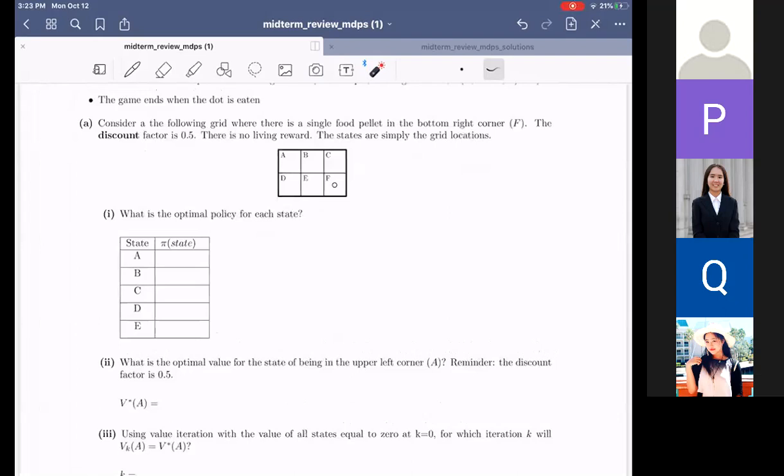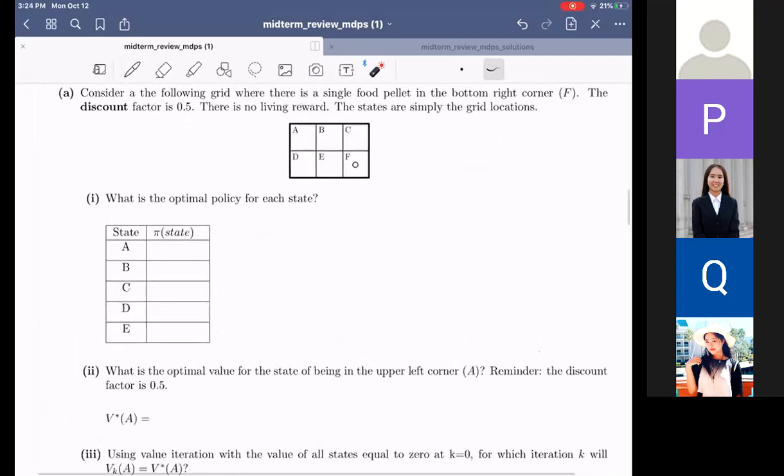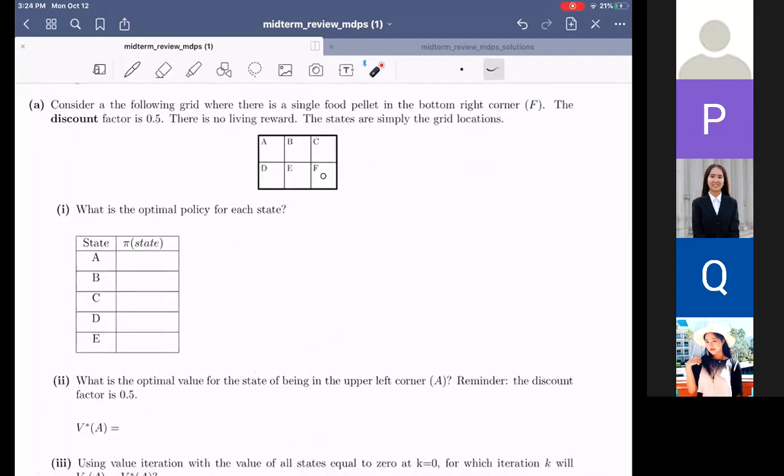Okay, anyone want to tell me what the optimal policy is from each state? We can start simpler. What's the optimal policy from state C?